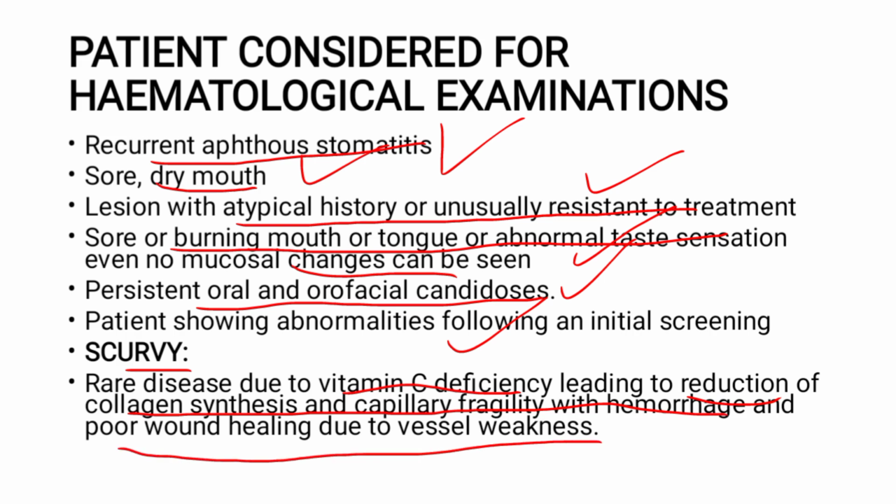The patient does not have collagen production, the capillaries are more fragile, and there is hemorrhage because there is no collagen. The blood vessels are weak, with no elasticity, so wound healing is slow.